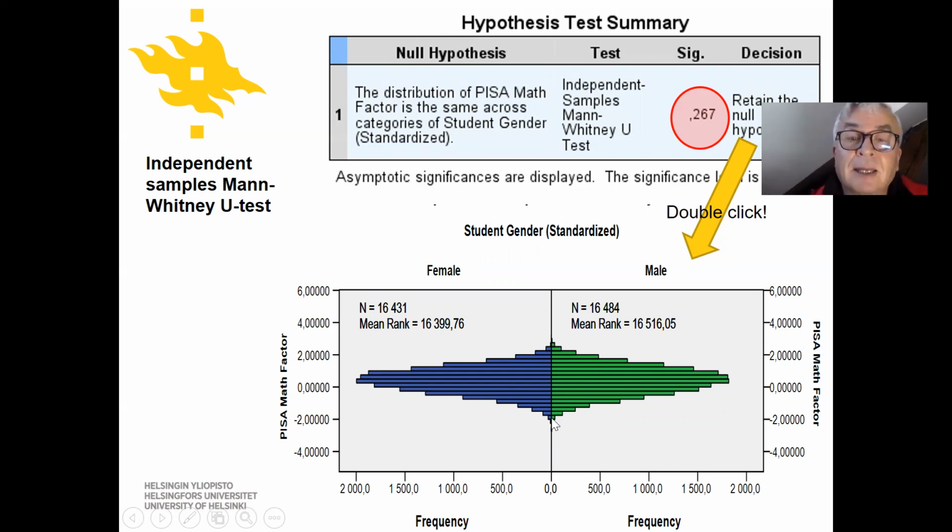This is not always the case. Sometimes you can see with your eyes that there's a clear difference, and that already convinces you. It also helps if there would be a difference here, you could then say, okay, the boys or the males are better in math than the girls, or vice versa. Not so here.